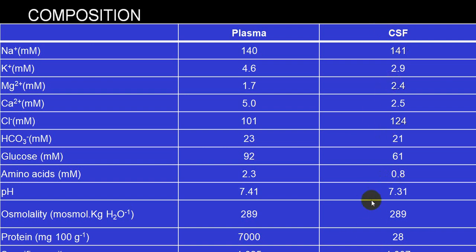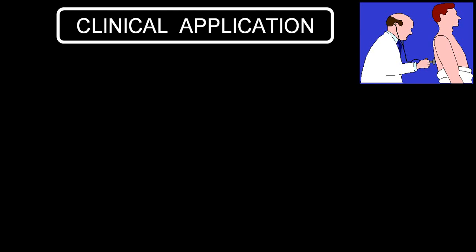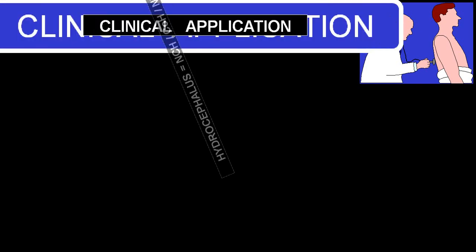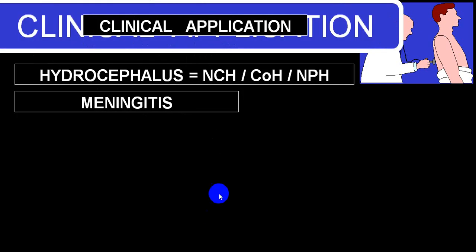If you keep this in mind while doing a CSF analysis, it will be very, very important. As far as clinical application is concerned, it is very important to know about CSF formation, circulation, and absorption, because it will give rise to normal pressure hydrocephalus, occult hydrocephalus, and communicating hydrocephalus.